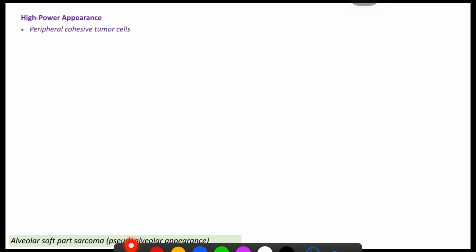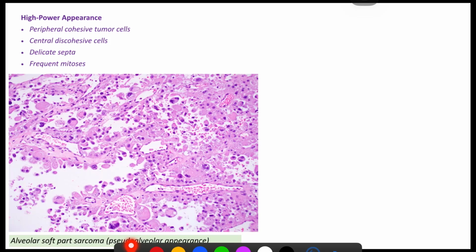Now, the high power appearance where you identify peripheral cohesive tumor, central discohesiveness and delicate septa in between the nests, and frequent mitosis is seen. This is a high grade tumor which is in alveolar soft part sarcoma. You can identify this pseudo alveolar space.